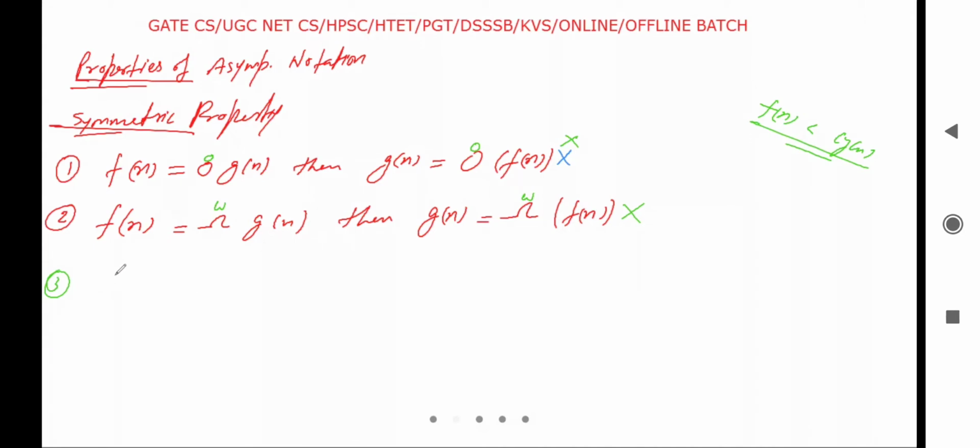Let's see. If f of n equals theta of g of n, then it should hold this property, that g of n equals theta of f of n.